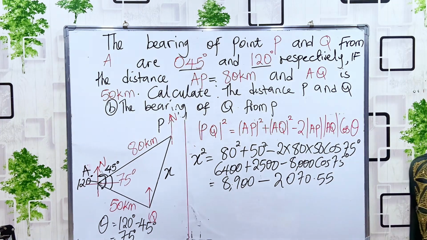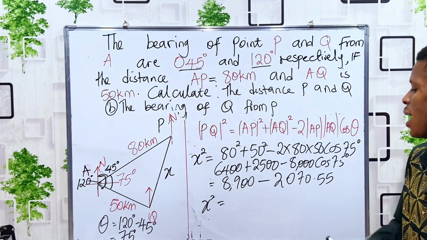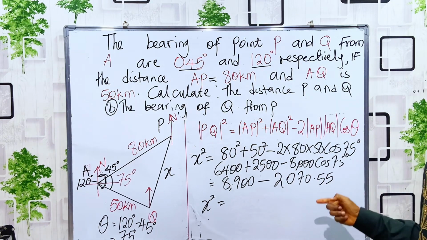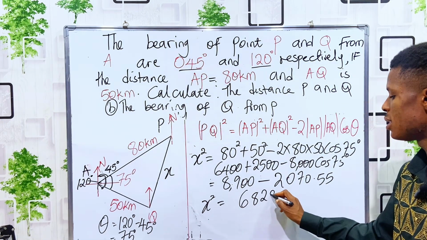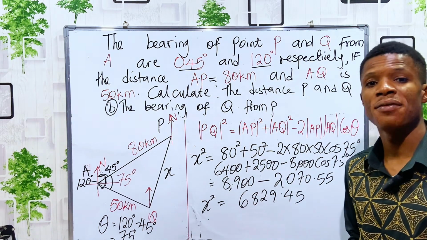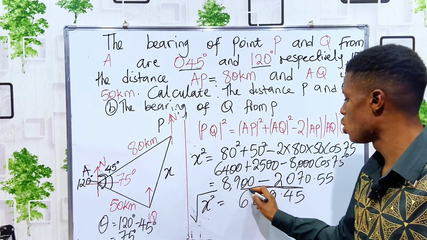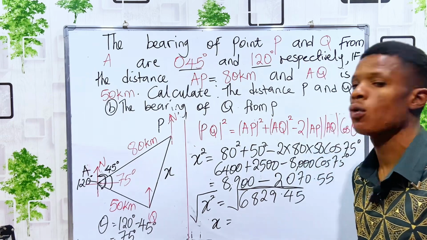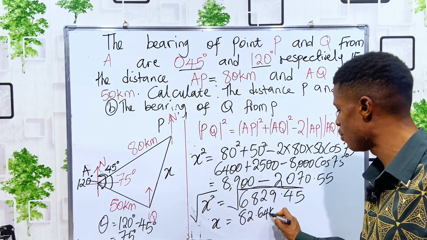Then minus 8,000 cos 75 will give you 2,070.55. So x squared is equal to 8,900 minus 2,070.55, and that will be 6,829.45. For us to get the value of the distance, we take the square root of both sides. So x will be equal to 82.64 kilometers.